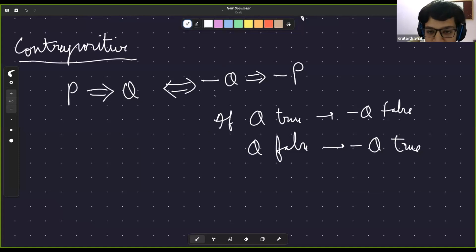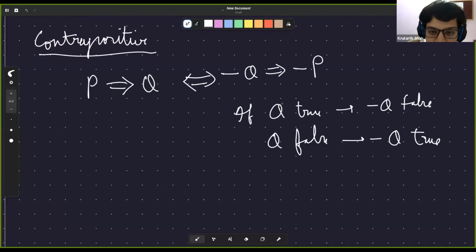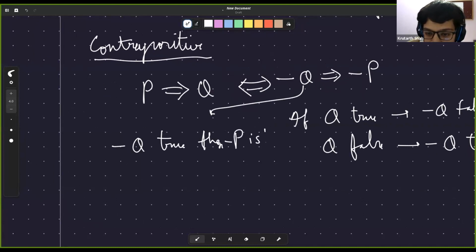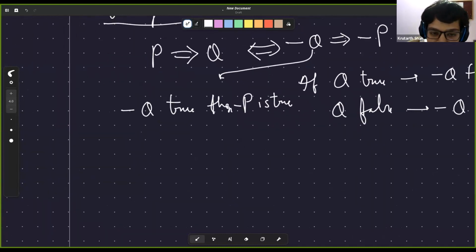So this is actually the same thing as contradictions. If negation Q is true, then what this statement says is that negation P is true, which is the same thing as saying that if Q is false, then P is false.